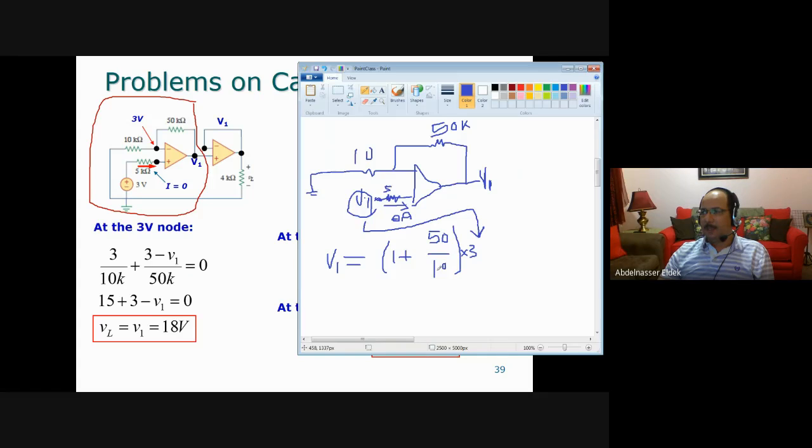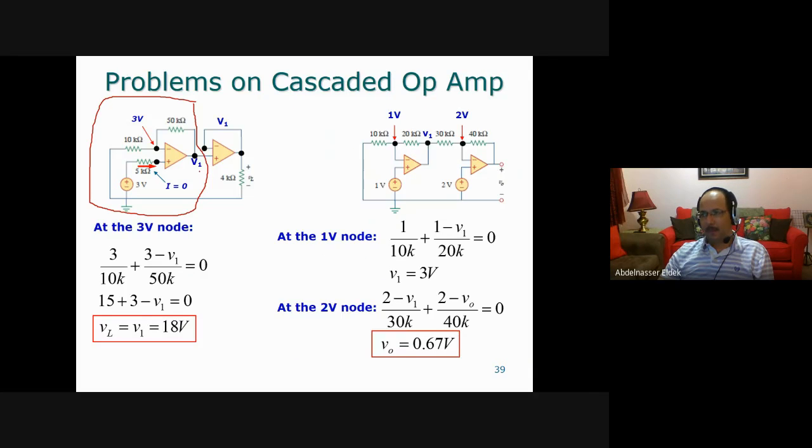Of course, 50 divided by 10 is 5, plus 1 is 6. 6 times 3 is 18. So V1 is 18 volt.